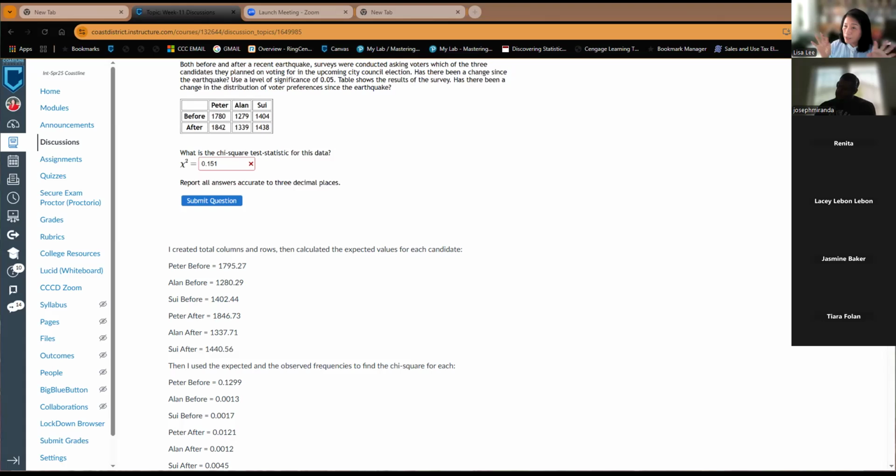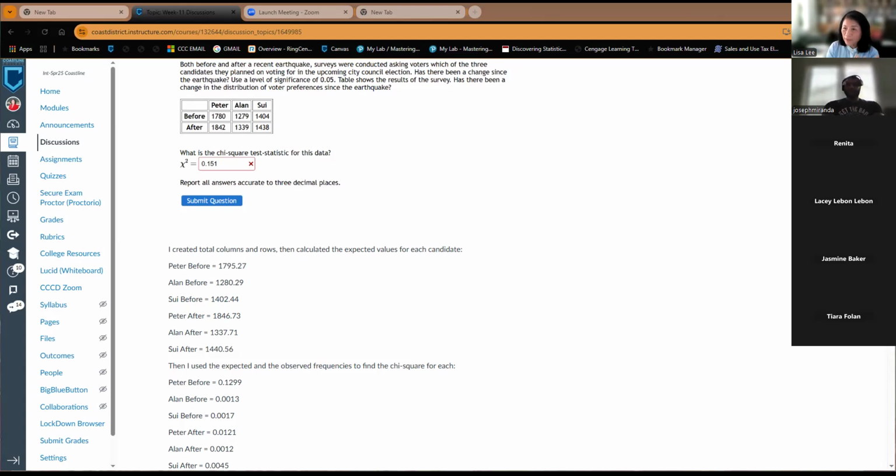Did the earthquake make some significant change or not? Now you can say no, there's no change. Because look at the p-value, it is so big, so large a number.